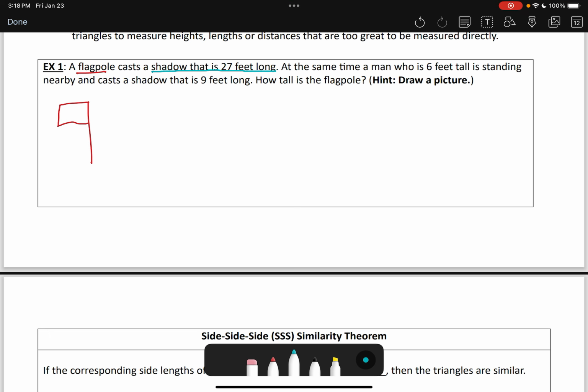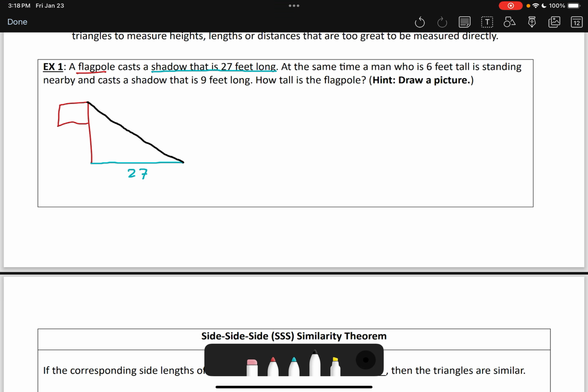So the shadow that is being cast here is going to be on the ground, represented by this blue line. So we know that that is 27. And it says, at the same time, a man who is 6 feet tall is standing nearby and casts a shadow that's 9 feet long. Well, the title of the notes here is proving triangles similar. So why don't we go ahead and make this flagpole situation a triangle by connecting the top of the flagpole to the end of the shadow.